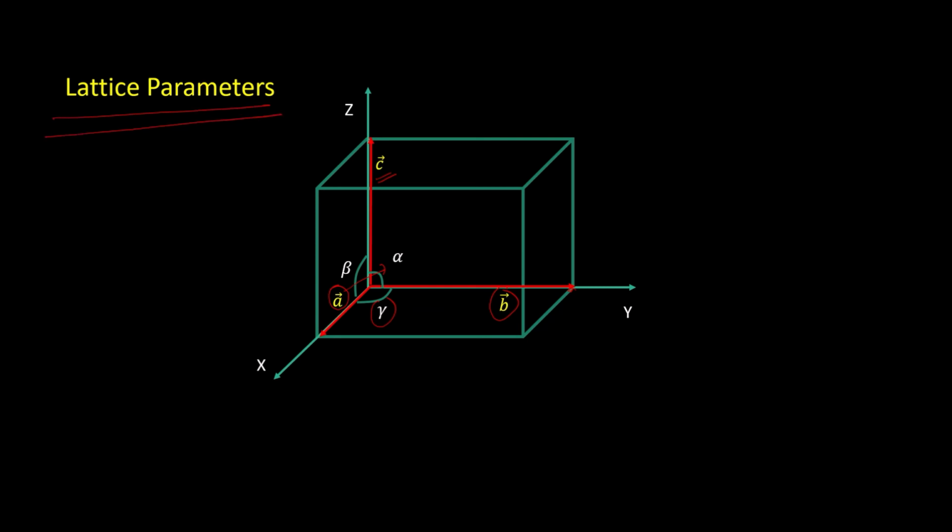These lattice vectors and the angles between them together are called the lattice parameters. Once you know the lattice parameters, it is very easy to understand the structure of the crystal.